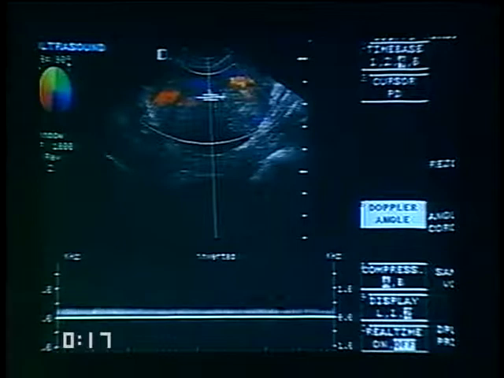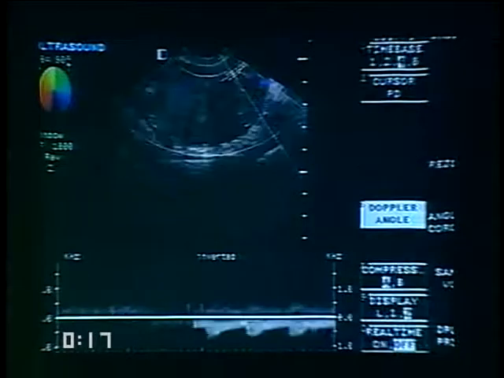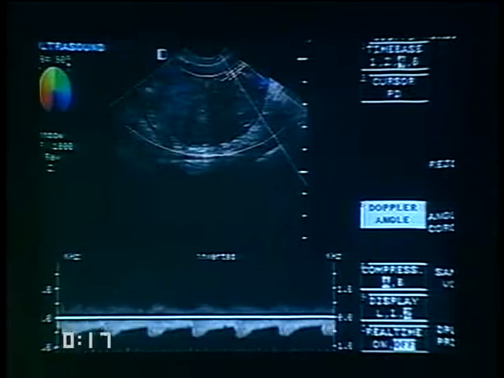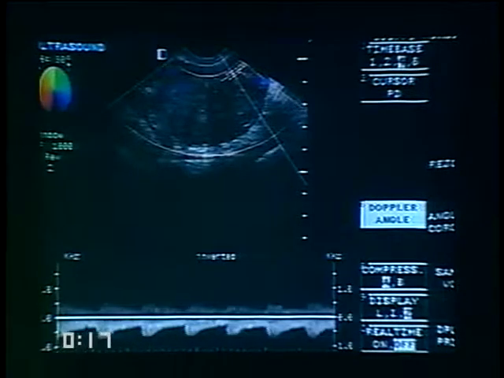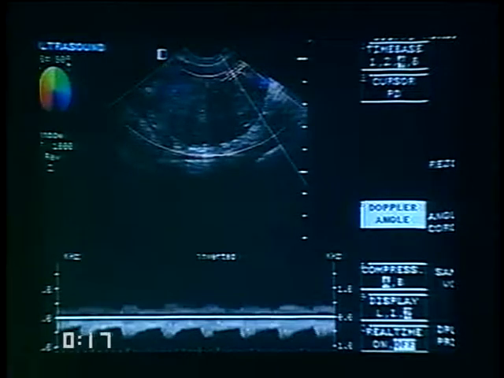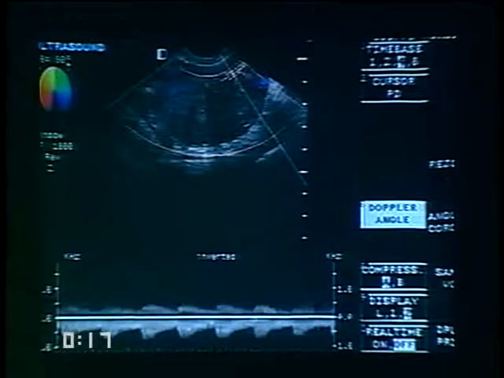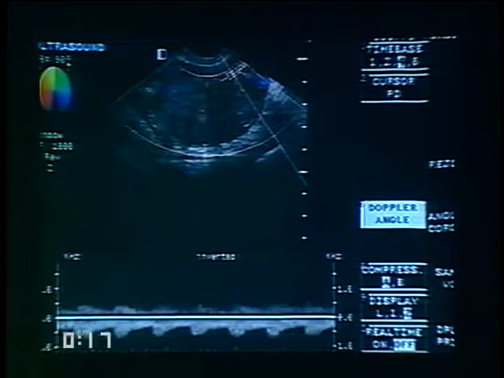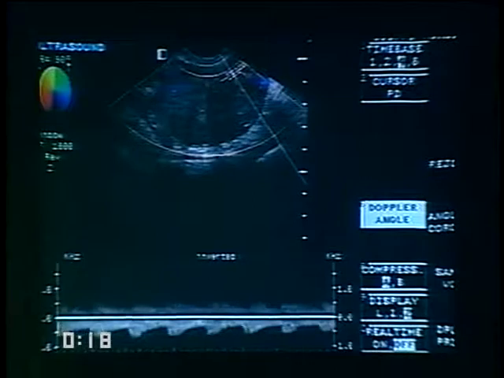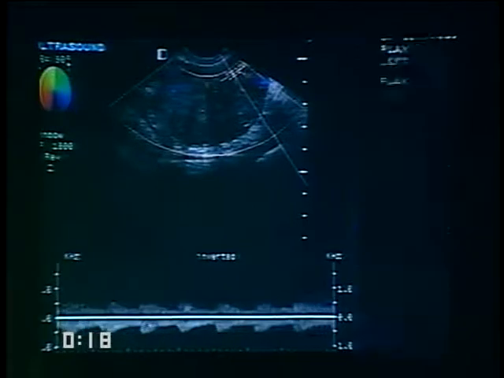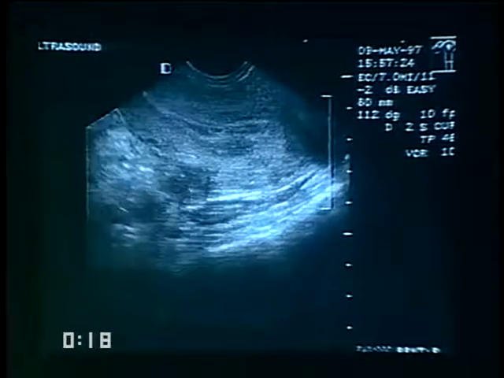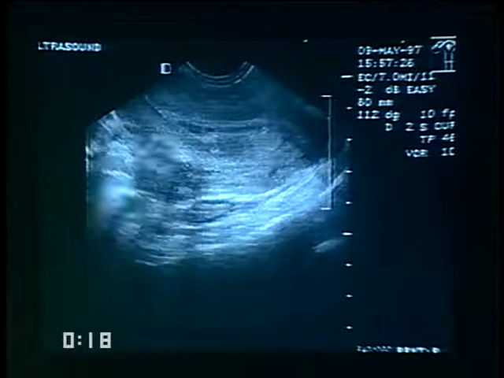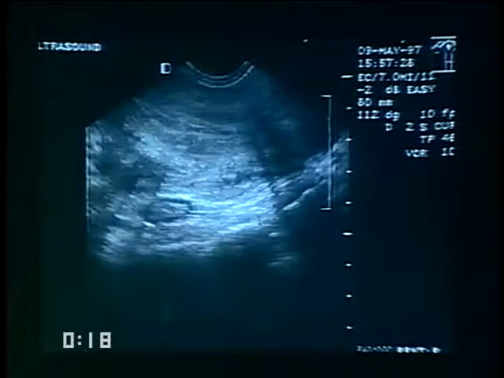There we go, we got the sound now. See that there's venous flow, arterial flow. So the question really was, was this a cornual pregnancy, or was this a fibroid?